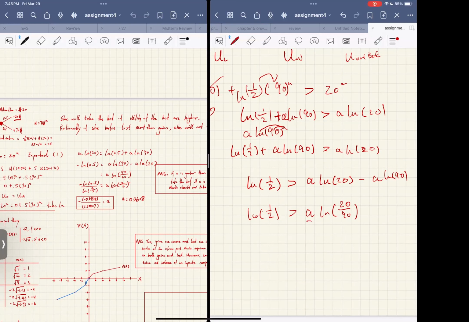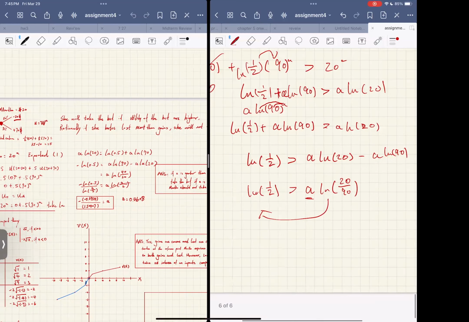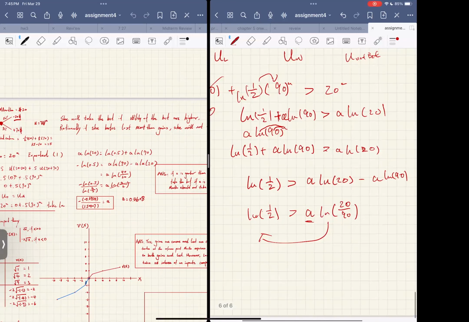So you isolate the a, you move this here. You get ln of 1/2 divided by ln of 20 over 90, this whole thing, greater than a.